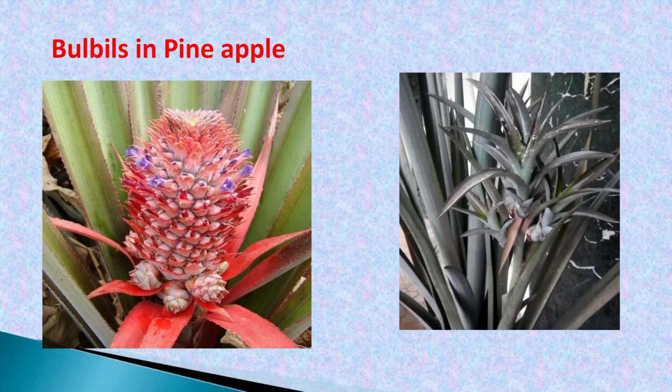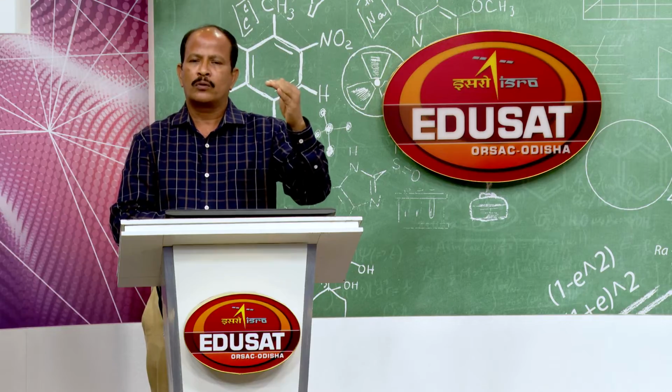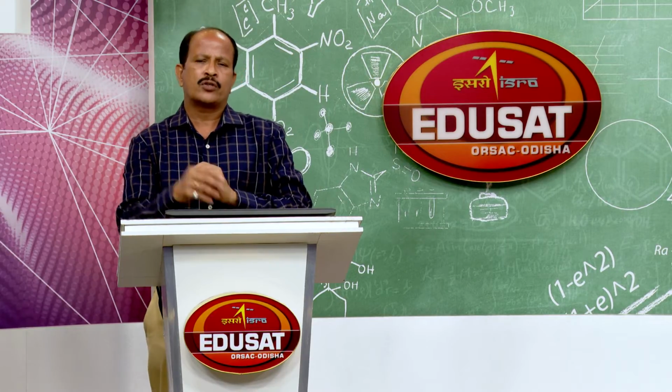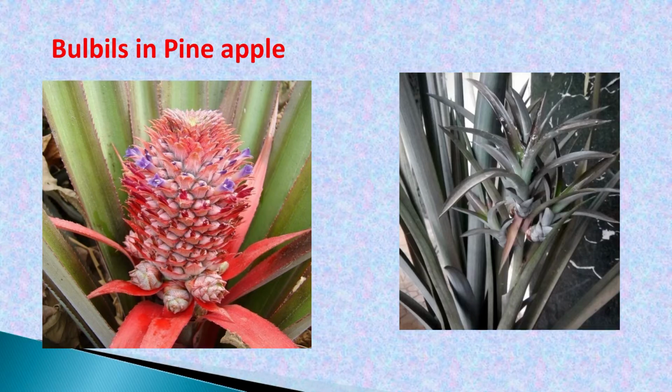Here we can see this pineapple. This is the pineapple inflorescence, and we know pineapple is always propagated vegetatively, asexually, and just below the pineapple inflorescence, we have so many shoots. These shoots will sprout to give rise to new plantlets, the bulbils. So, bulbils we found in agave, and we found in pineapple. In the right diagram, you can see the bulbils have grown to a larger size, and they fall off the plant and establish.